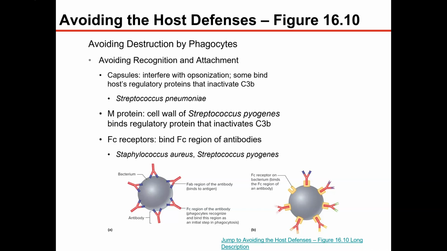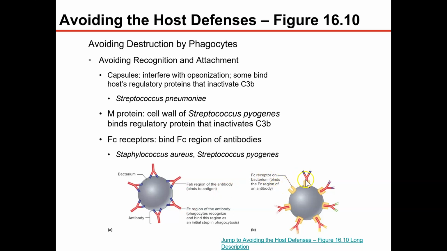And lastly, some bacteria, both Streptococcus pyogenes and Staphylococcus aureus, have receptors for the Fc region of antibodies. Antibodies have the binding region, which is up here. This is where they bind normally to a pathogen and allow for opsonization.